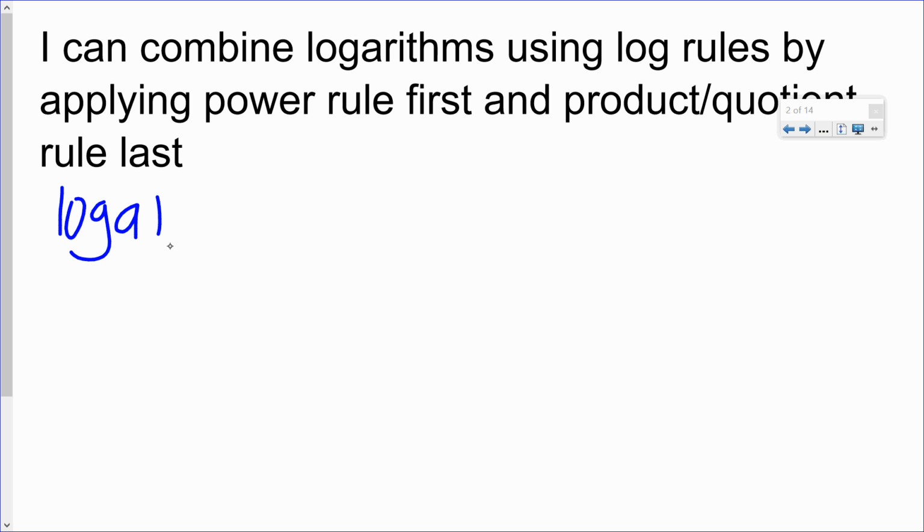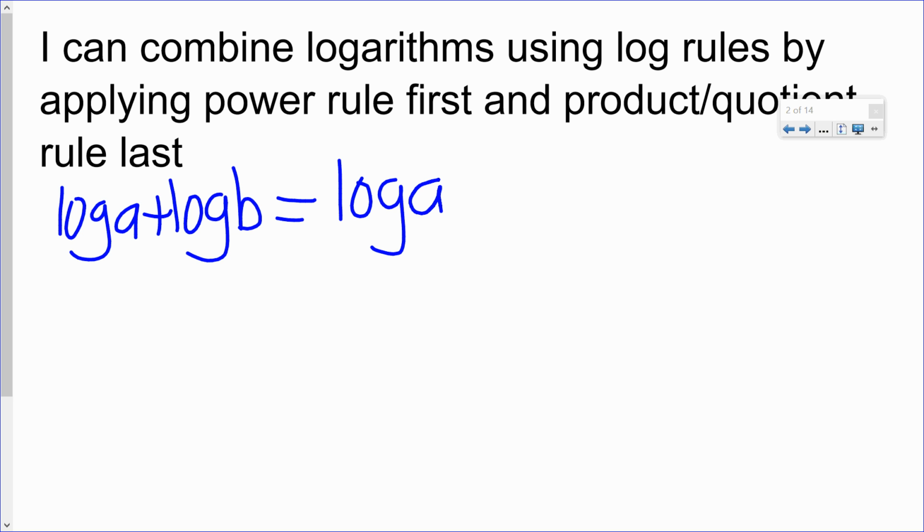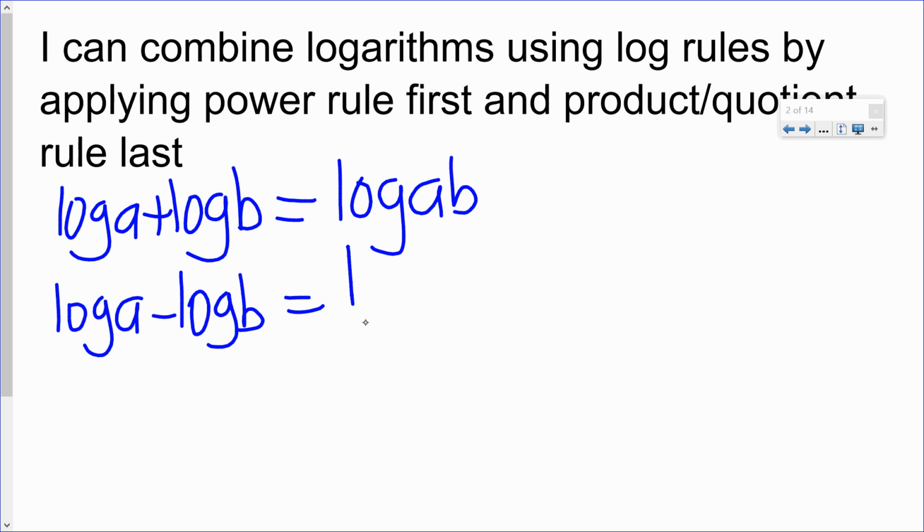If I see log A plus log B, if I'm adding logs, to make that into a single log, the addition becomes multiplication. If I see a minus between two logs, to make it into a single log, my subtraction becomes division.